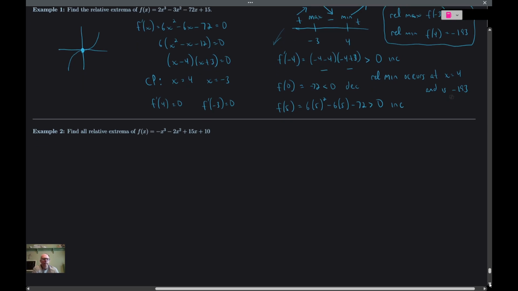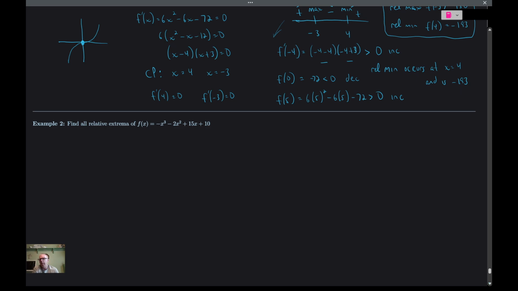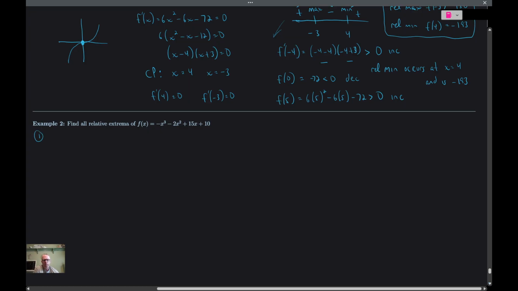So step 1, take the derivative. Step 2, set it equal to 0. Step 3, figure out where you're increasing and decreasing, and then that will tell you your max and your min. And then step 4, plug your critical points back into your function. So let's write those down. Step 1, take the derivative.